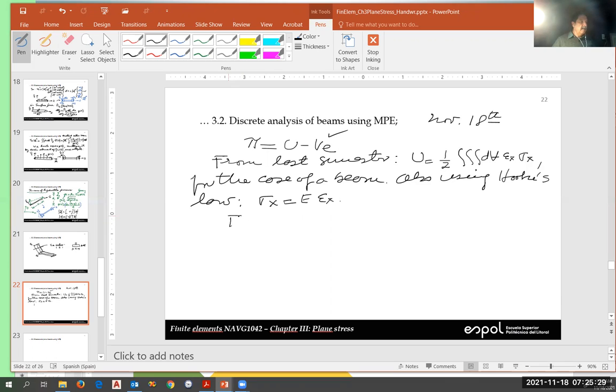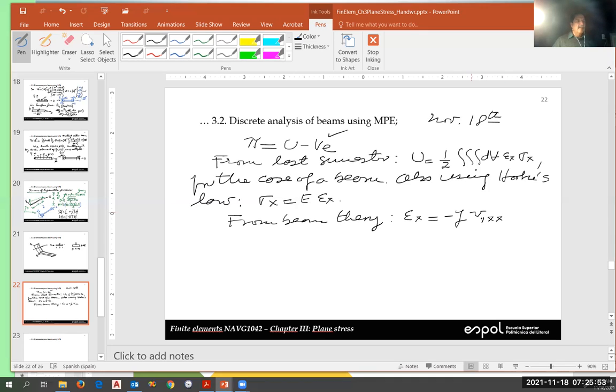From beam theory, we recall that epsilon x is equal to minus y v,xx. This is basically the kinematic hypothesis.